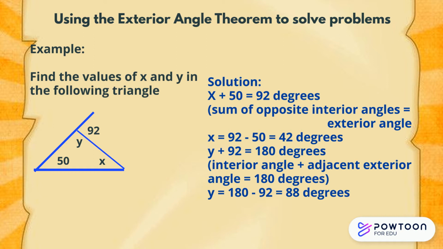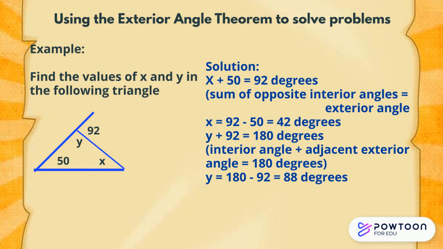Solving now for the value of y is equal to 180 degrees minus 92 degrees is equal to 88 degrees. We have now solved for the values of x and y. Remember, our x is equal to 42 degrees and our y is equal to 88 degrees.